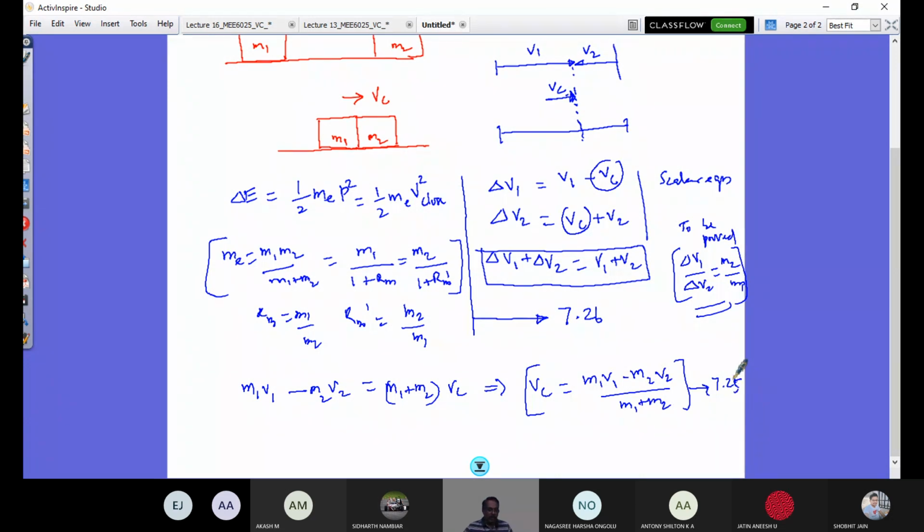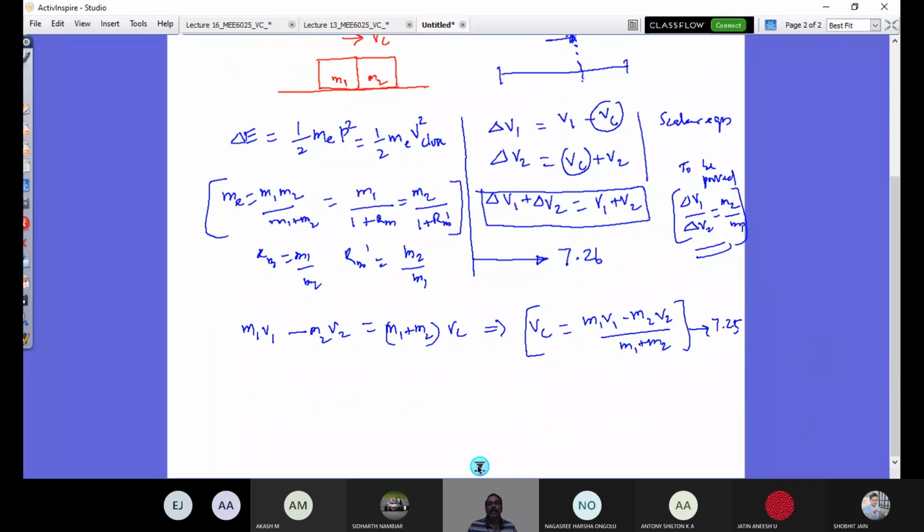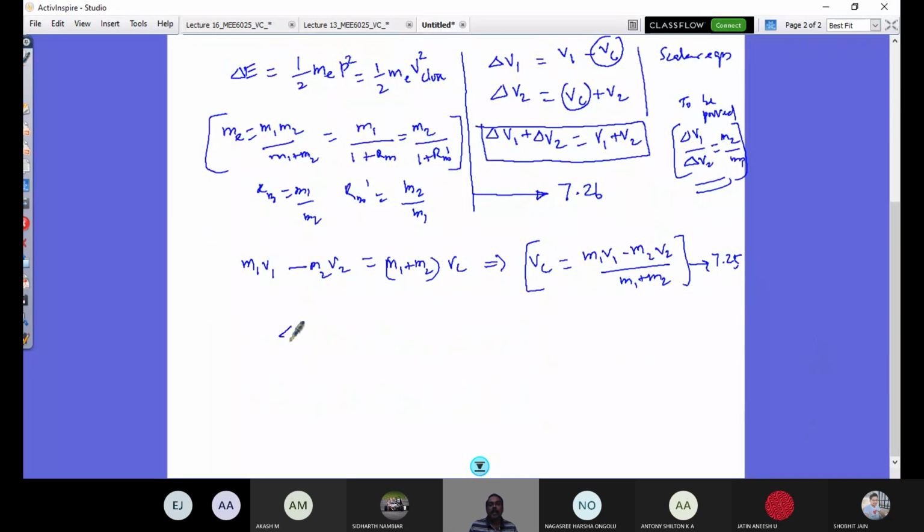Now my task is to find the change in velocity. Delta V1, from the vector diagram, is V1 minus Vc. Substituting Vc here, I have V1 minus M1 V1 minus M2 V2 by M1 plus M2.